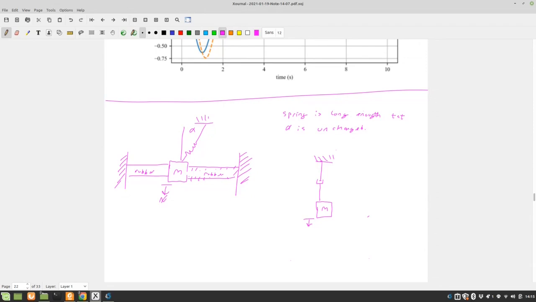Actually, let me make sure I phrase this problem right. So we want to get the natural frequency in the vertical direction. So we want omega n and omega d, if we can get it.